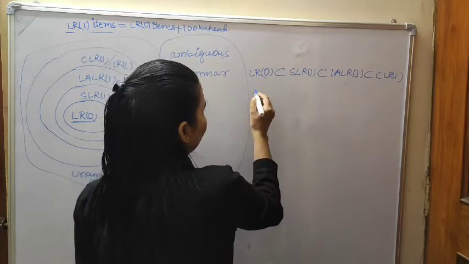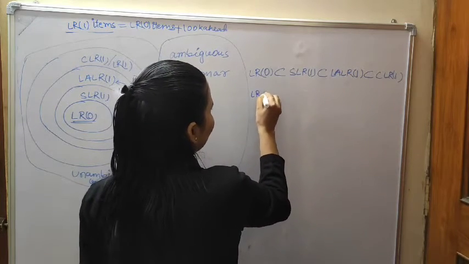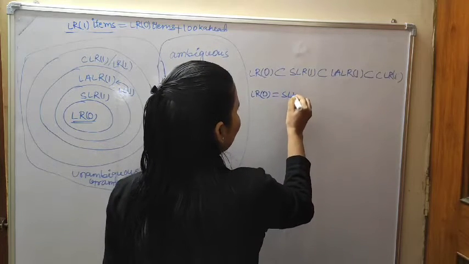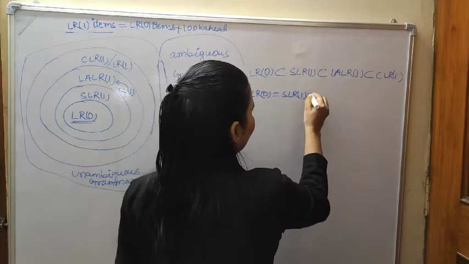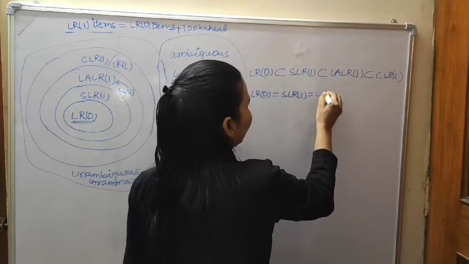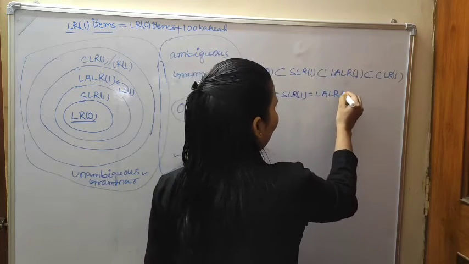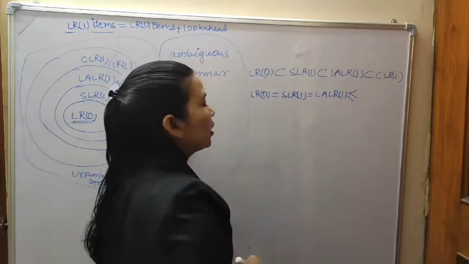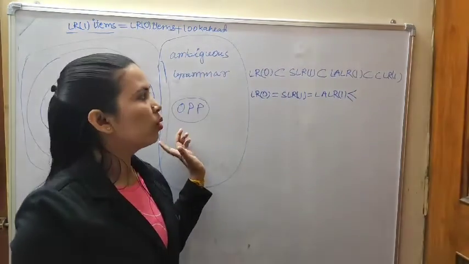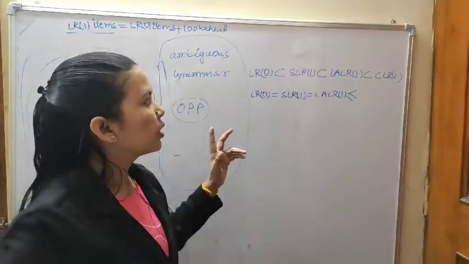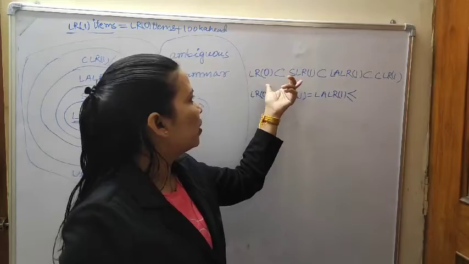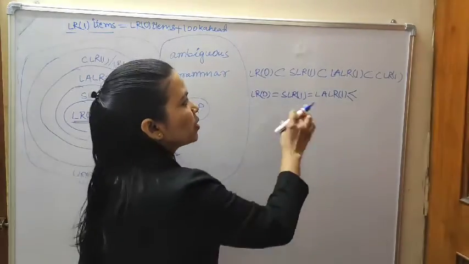So how will we write it? LR0 equal to SLR1 equal to LALR1 less than or equal to CLR1. Many times, just like in these production rules, whatever examples I have given, the production rule for LALR1 or CLR1 is the same, and so for the fourth we can say this.